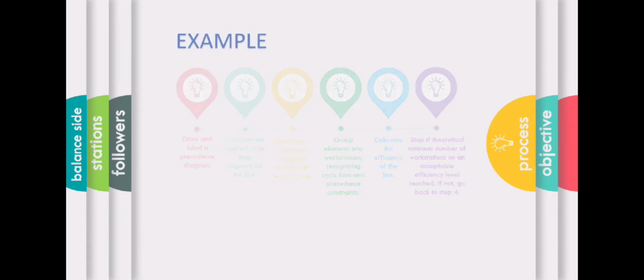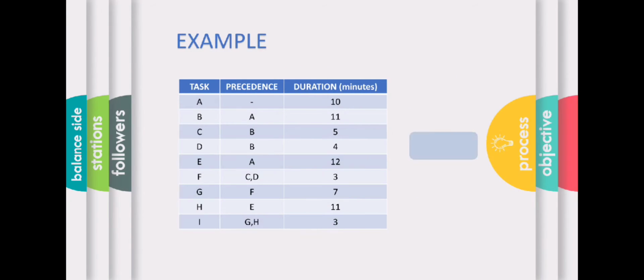Here we have an example, a table composed of task, precedence, and duration. We have 9 tasks, and each task has a precedence and its duration, with an output of 13 units and 200 minutes available time. Task A has no precedence and a duration of 10 minutes. Task B has a precedence of A and a duration of 11 minutes.